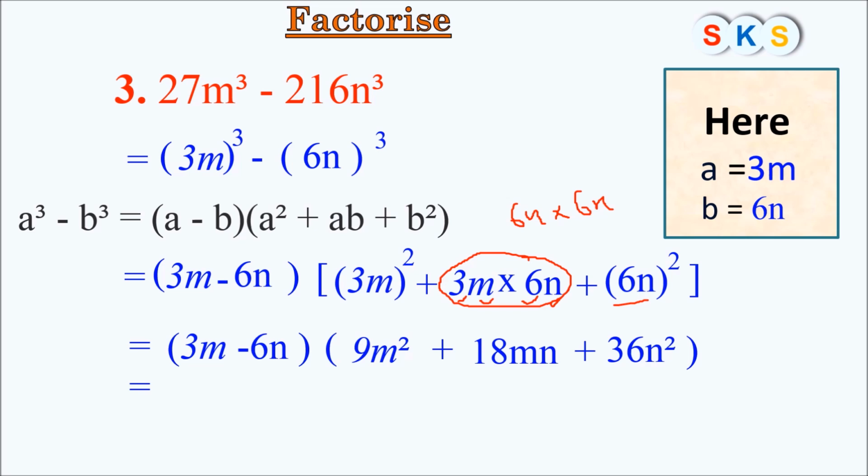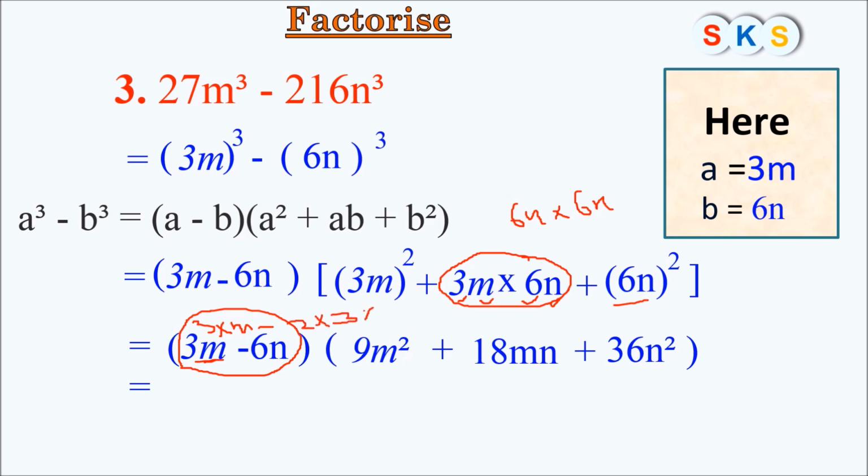Now after simplifying both the brackets, you can see that here we have a common factor. What is common over here? 3, because 3m is 3 into m, and 6n means 2 into 3 into n.